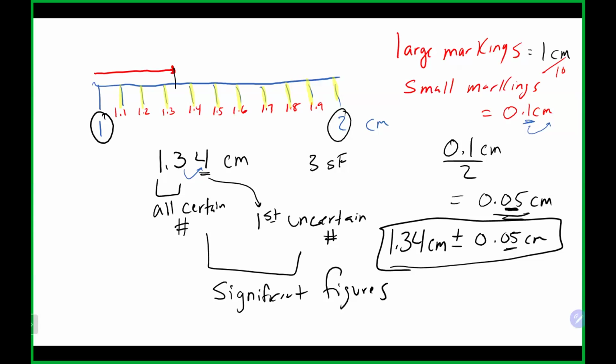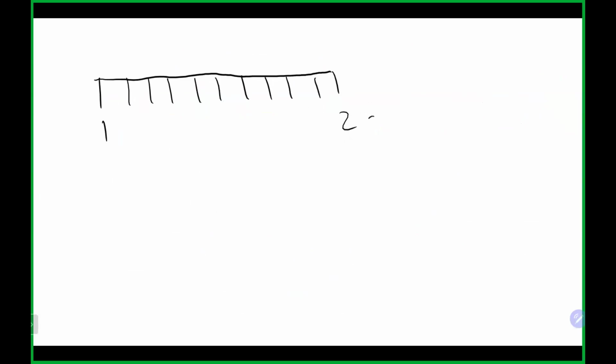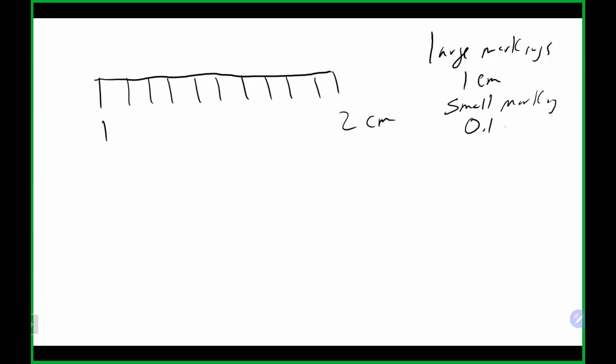Now, let's just say, for example, we came to our ruler just like we had at the beginning. So let me just redraw it. This is basically the exact same ruler we used at the very first. So our large markings were 1 centimeter, and our small markings were 0.1 centimeter.